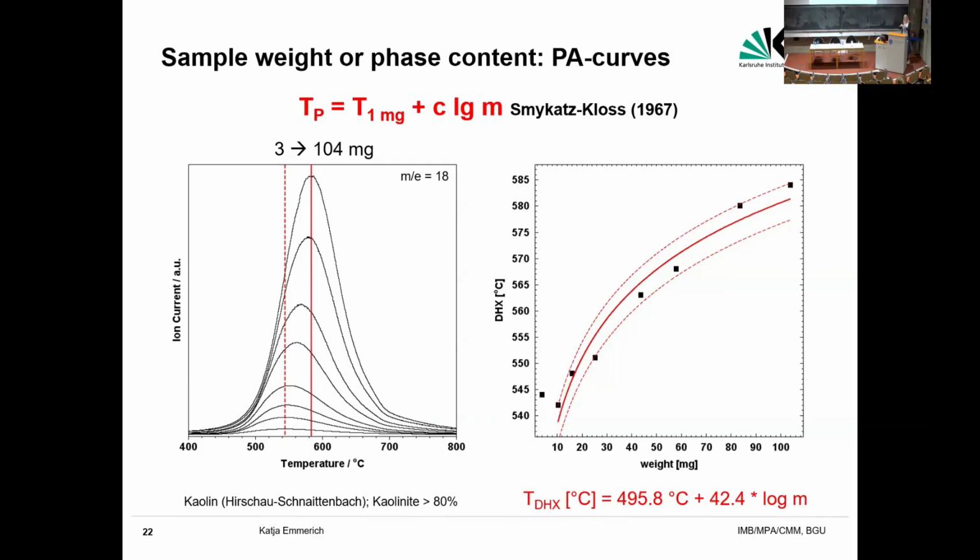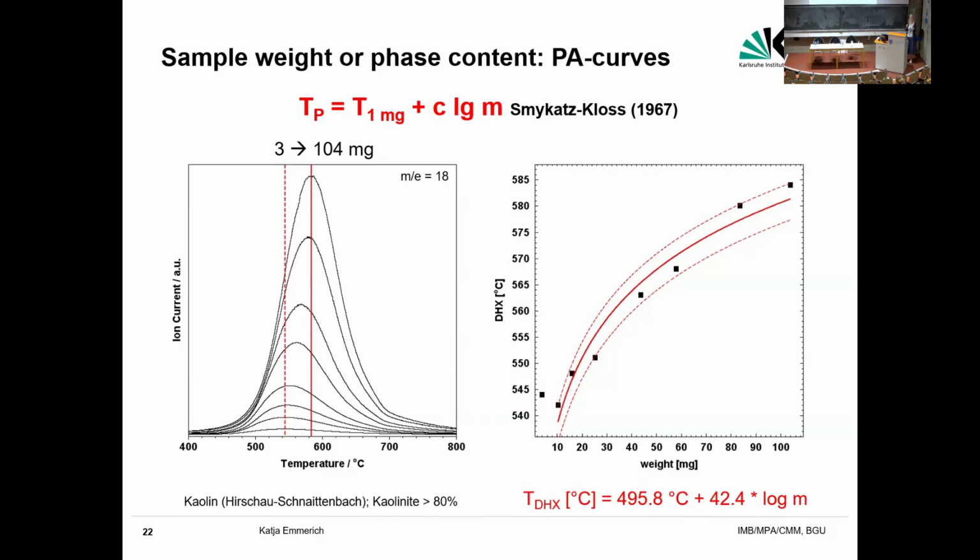But you can use this effect the other way around. If you're thinking about studying a profile, soil profile, sediment profile, or whatever, and you have only one phase, or you can separate the decomposition peaks of one phase from the other phases, and you see a shift in the peak temperature.